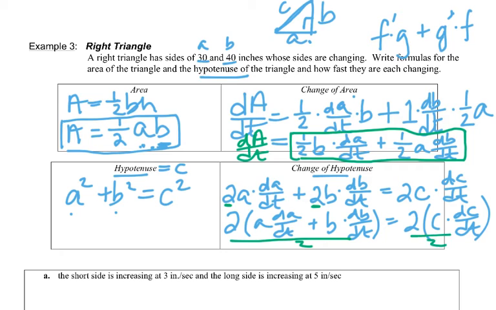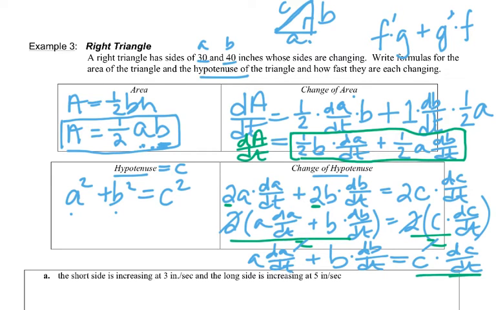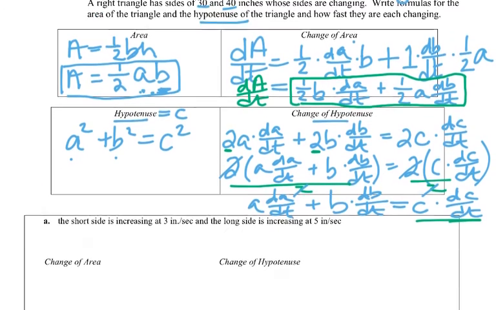The 2's cancel. That way I get a dA over dt plus b times dB over dt equals c times dc dt. So we haven't gotten c entirely alone, but it's pretty close. So we'll be able to use that. All right, now we're ready to move on to the application.